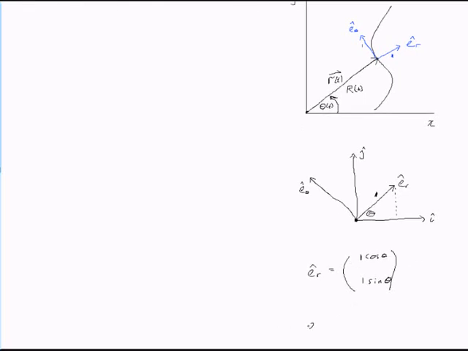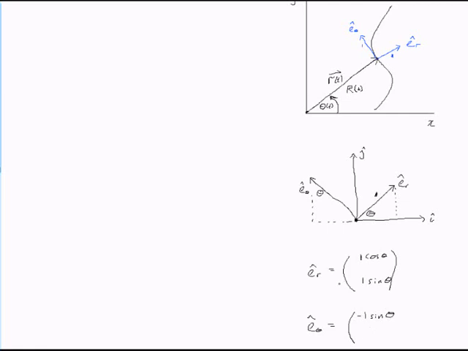Alright, let's now describe e_theta. e_theta is going to be equal to what? Well, if I were to draw an imaginary triangle down here, we know that this angle right here is going to be 90 minus theta, which means that this one's going to be theta using geometry. So we know that it's going to be expressed in terms of i and j, and in the i component it's going to be negative because it's facing the other way, so it's going to be minus 1 sine theta.